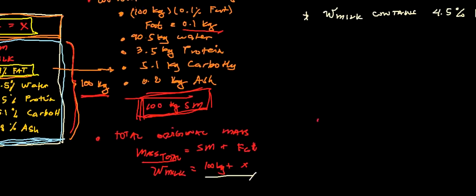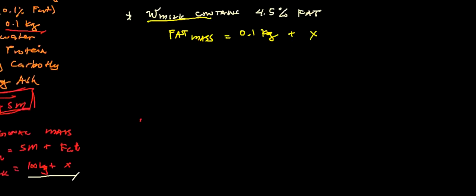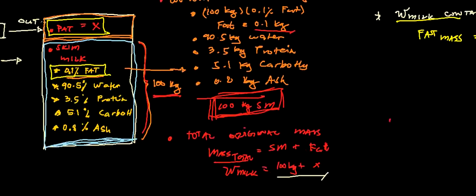So the original mass of fat from our whole milk is the mass from skim milk, which is 0.1 kilogram, plus our x, right? This part here is the combination of these two.